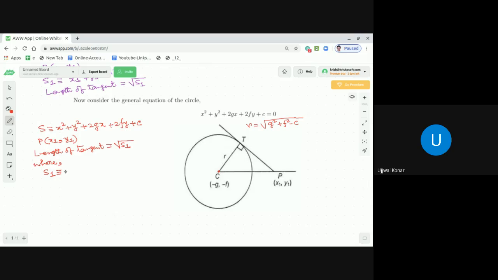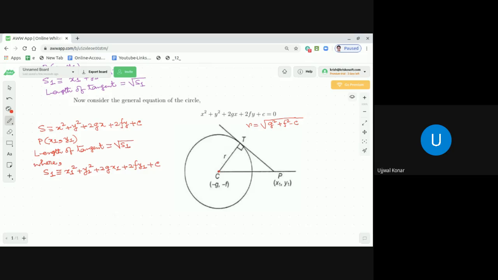That means it is x1 square plus y1 square plus 2g into x1 plus 2f into y1 plus c. That's it. Simple. So whenever you get questions related to finding the length of the tangent, you just apply this and done.